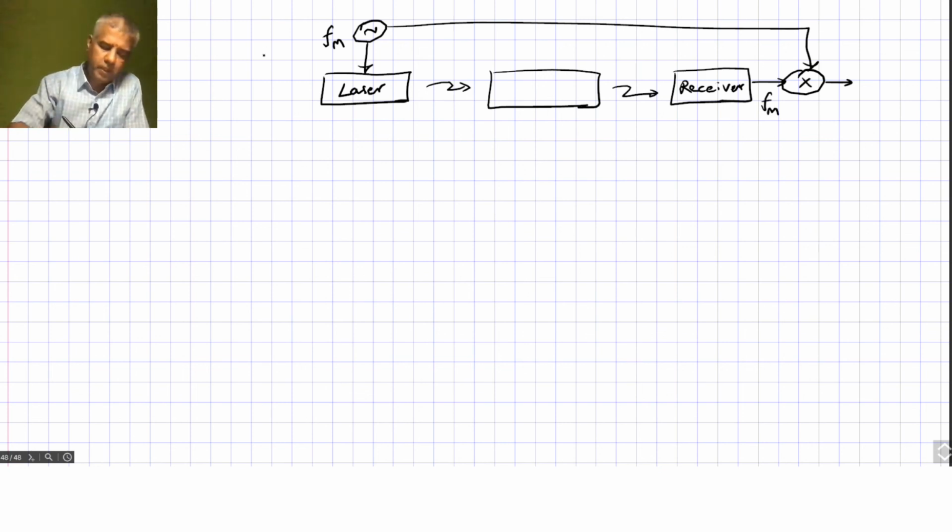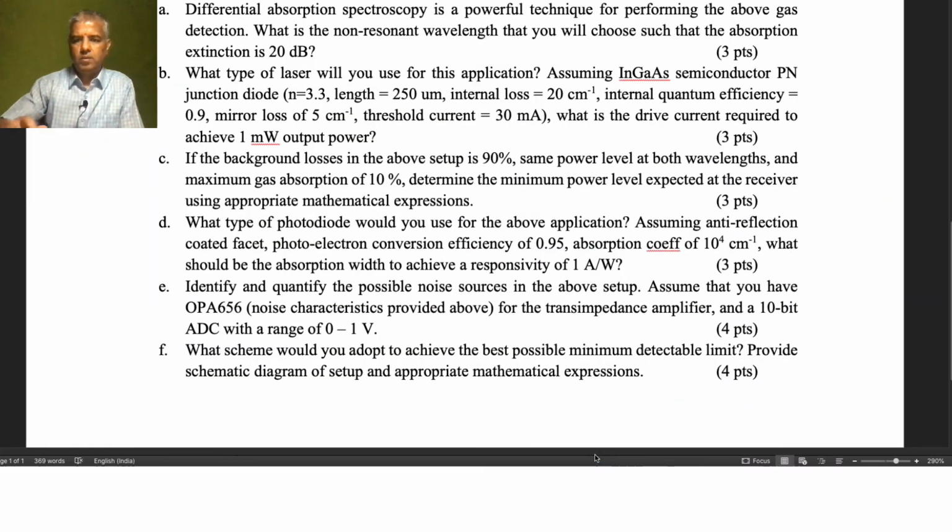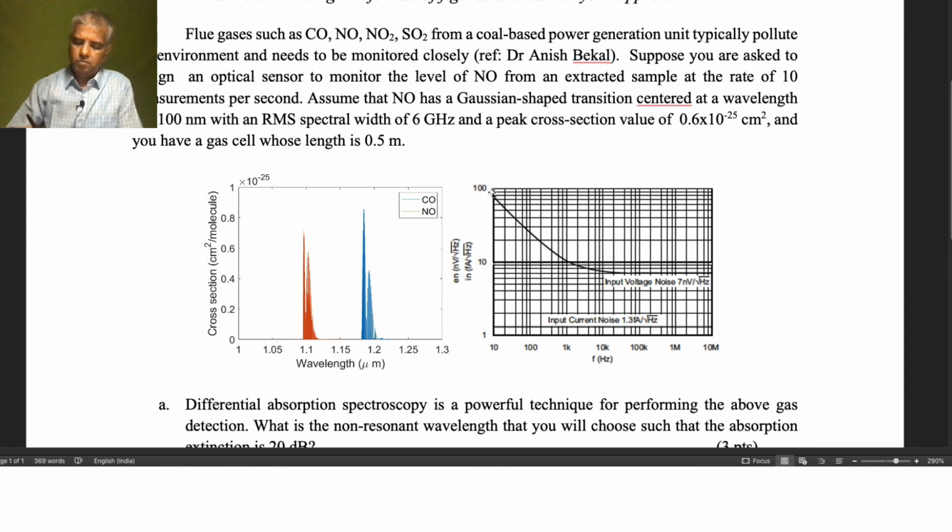Let's say we pick FM about 10 kilohertz. Why 10 kilohertz? If you go back to what has been given for our application, we've been told that you are using an op amp that has white noise beyond 10 kilohertz. So if you go to this value, then you can bring down the noise by quite a lot. So that's what we are looking at.